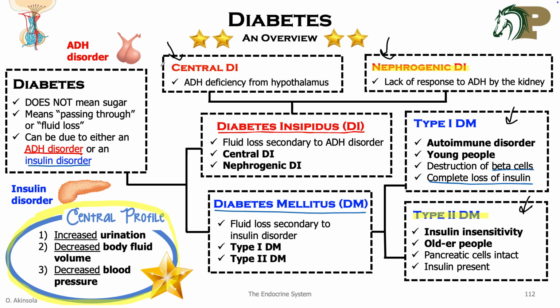All of these here, central nephrogenic diabetes insipidus, and then type 1 and 2 diabetes mellitus, will have increased urination, decreased body fluid volume, and decreased blood pressure. Okay? That's what they all have in common. But again, the term diabetes does not mean sugar, it means fluid loss. And that fluid loss can either be due to an ADH disorder or an insulin disorder. Insipidus is ADH, mellitus is insulin. Okay.